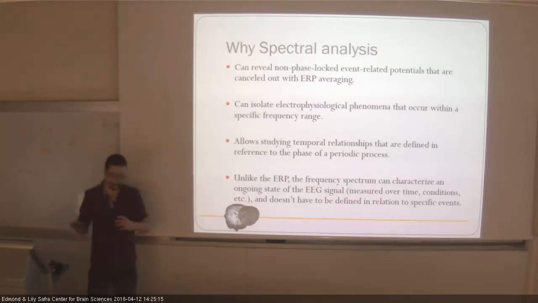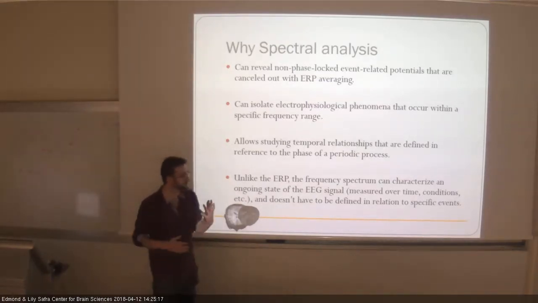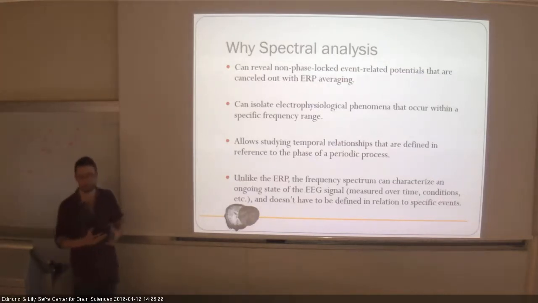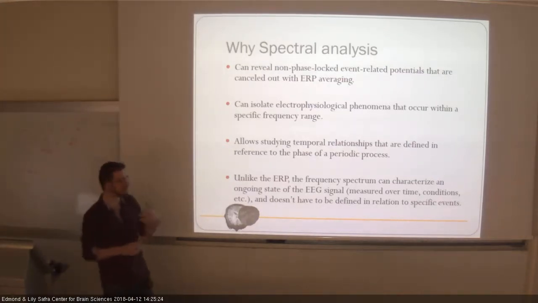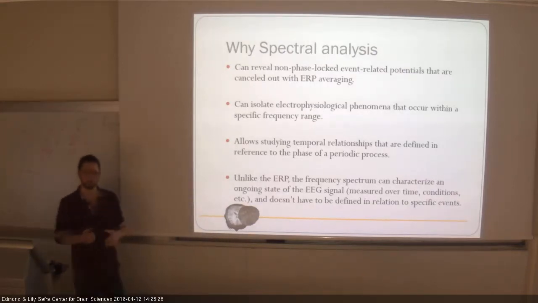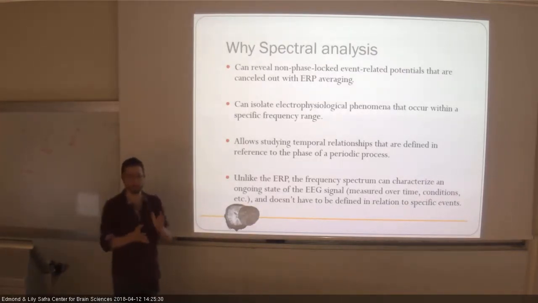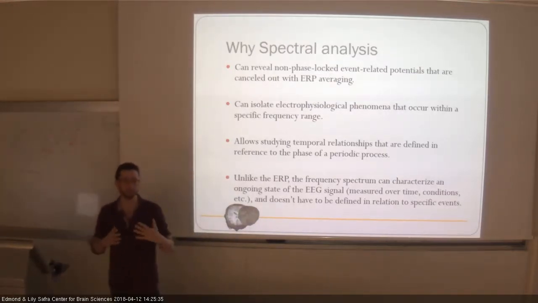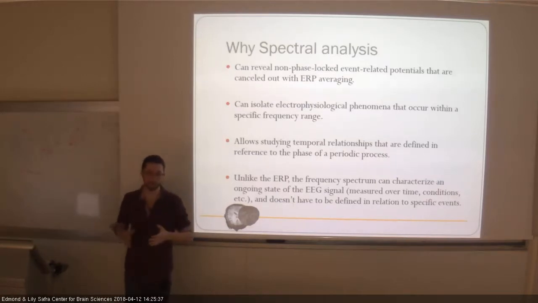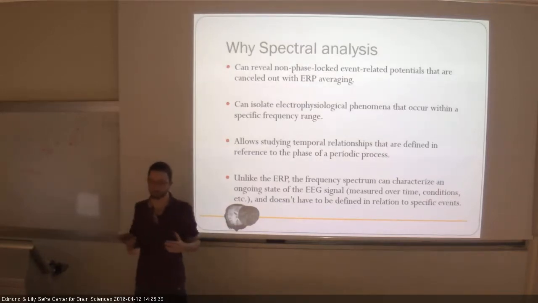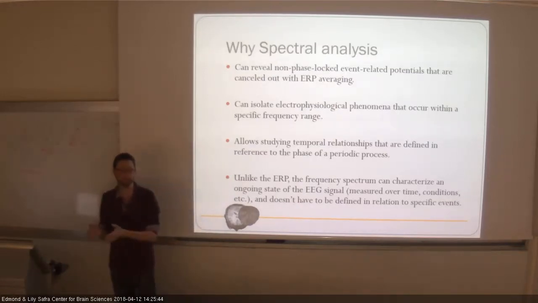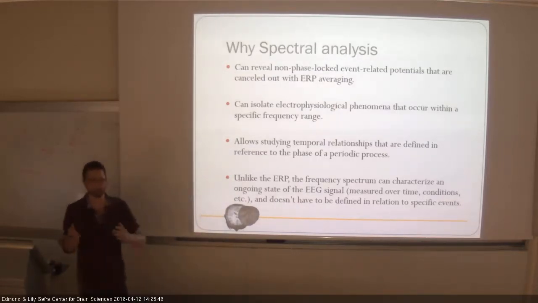Another important property of spectral analysis is that it allows us to talk more about neural states. For example, we can talk about a certain spectral power, a certain shape of the spectrum, which characterizes the state of a brain or a certain brain area, and then we can compare it across time or across conditions or across subjects.